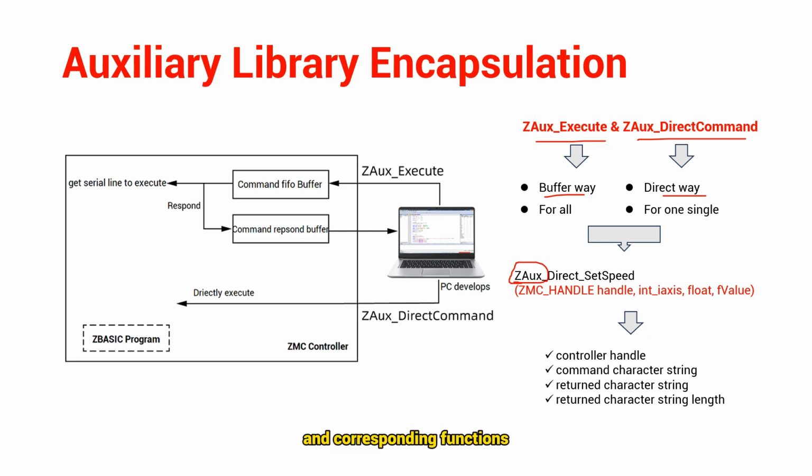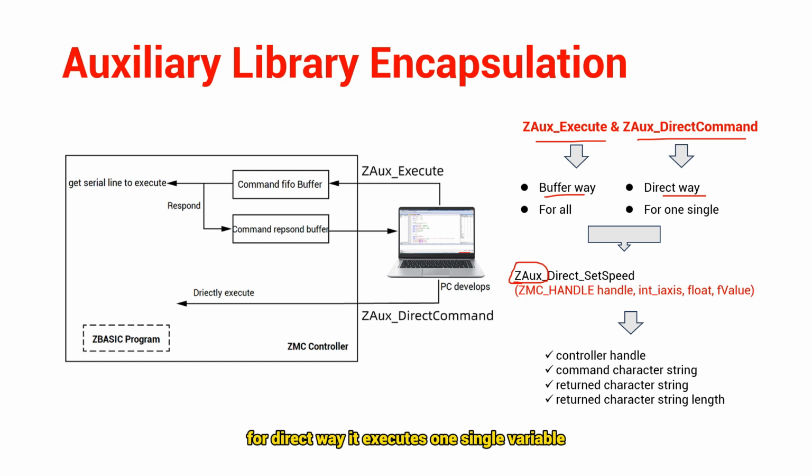And the corresponding functions can all be referred to from the basic menu. If an encapsulated command is used, or you want to encapsulate your own function, also through the buffer or direct way, to send the required command character string.